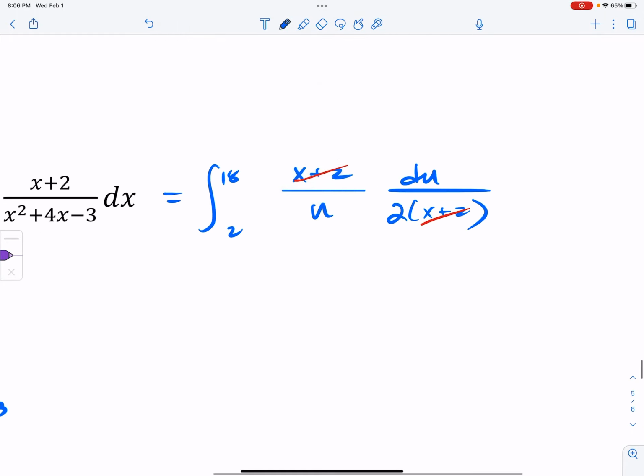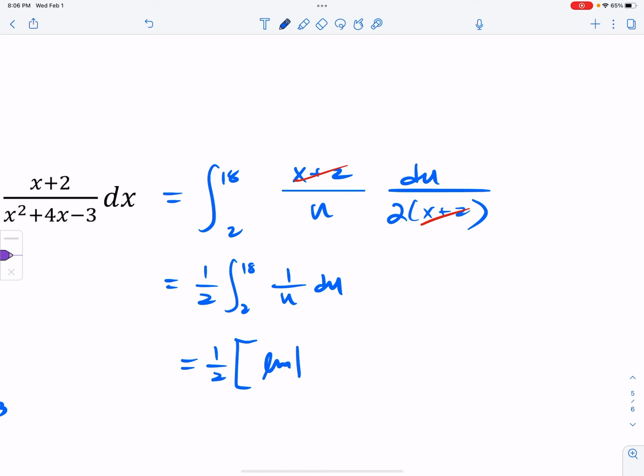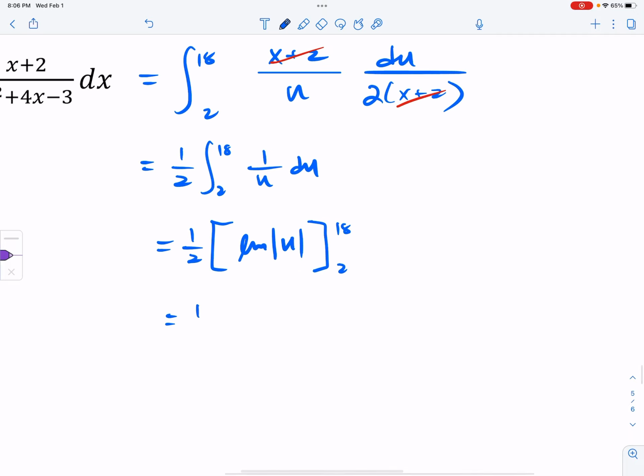So then we are left with, I'm going to pull 1/2 out, integrating 1 over u, which I've told you already is natural log of absolute value of u. And then applying the fundamental theorem of calculus, that'll be ln of 18. I don't need the absolute value bar since 18 is positive, minus ln of 2.